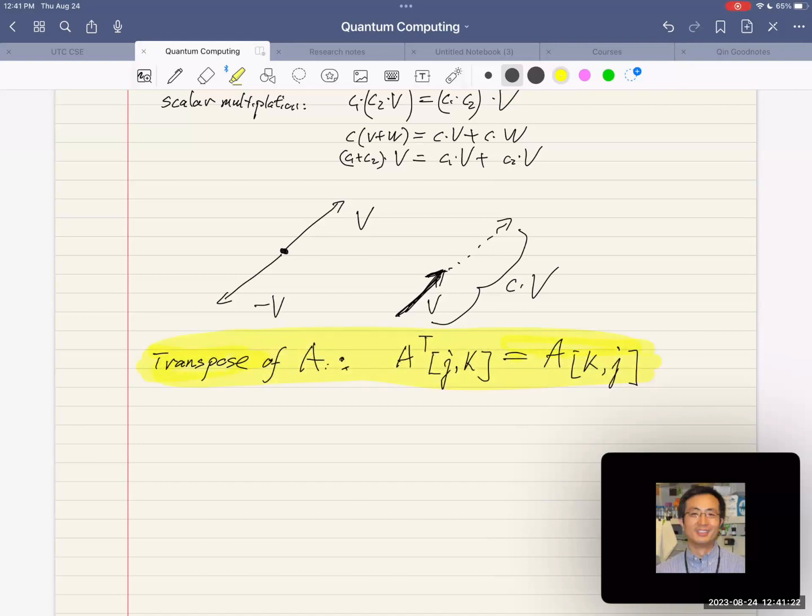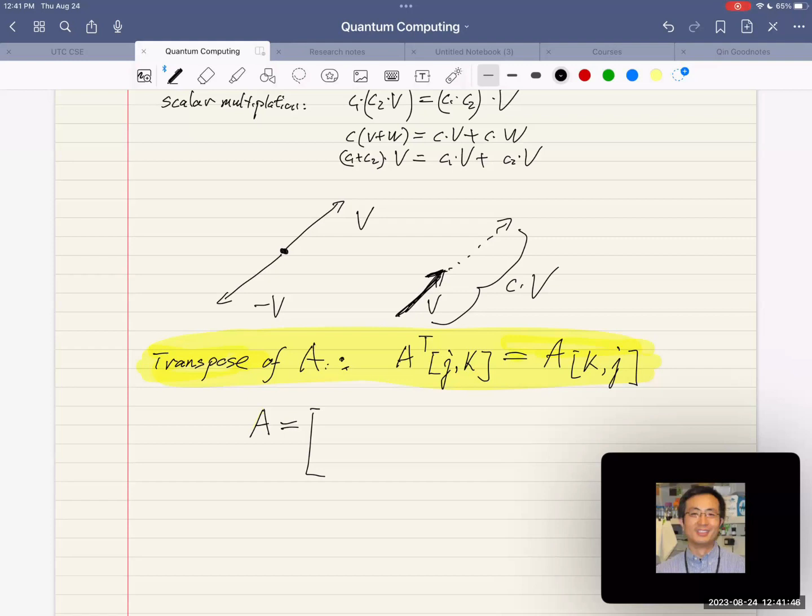And what this means, let me see. If I have the A, we need at least two numbers now.